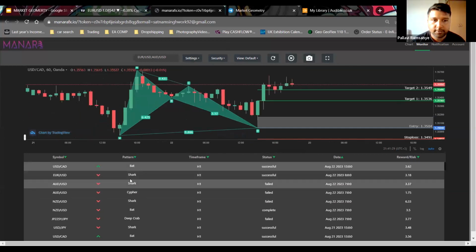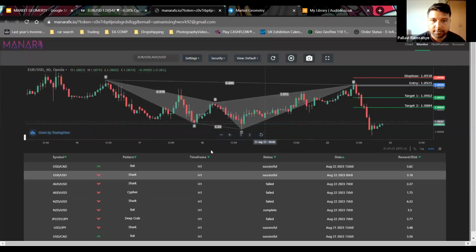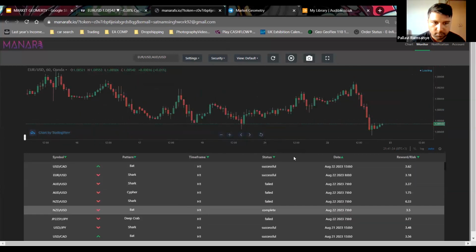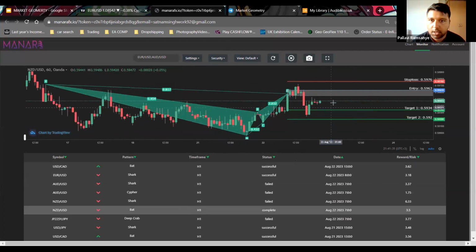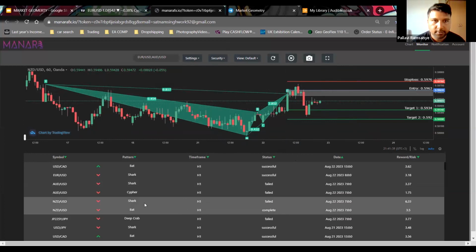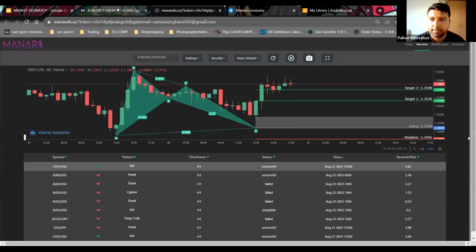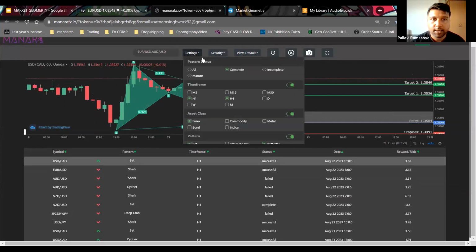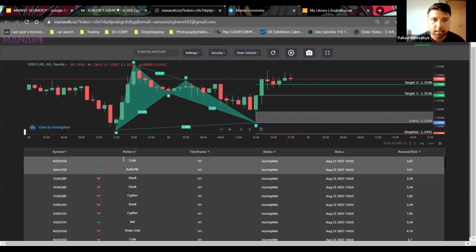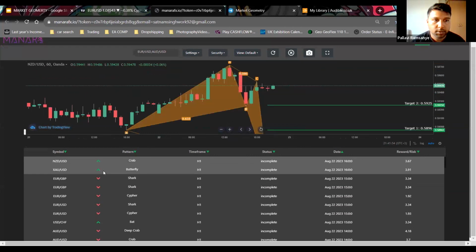This one's already played out. This one's already played out. This one has kind of already played out. So it's good to have these to look at the incomplete patterns. So let's go back to some incomplete patterns and let's pick one so we can work with one.